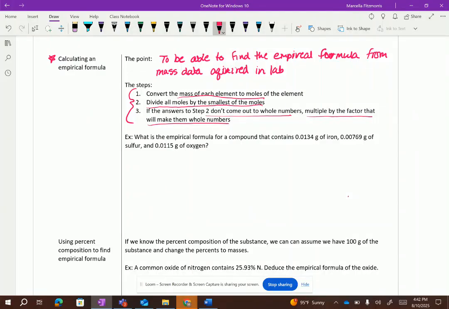So, in the first example here, we've got lab data that gives us grams. We've got 0.0134 grams of iron. We've got 0.00769 grams of sulfur. And we've got 0.0115 grams of oxygen.